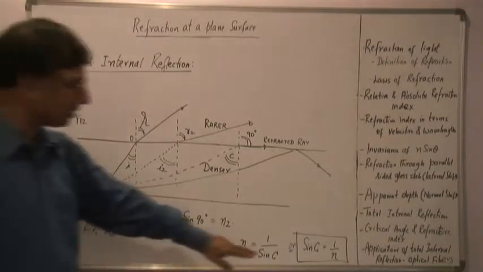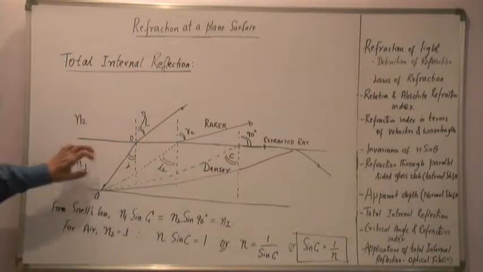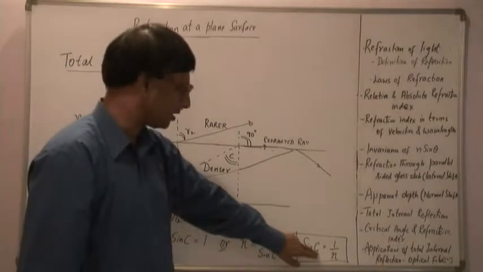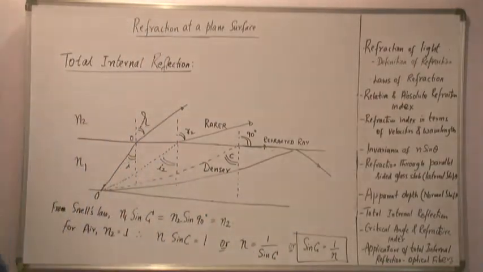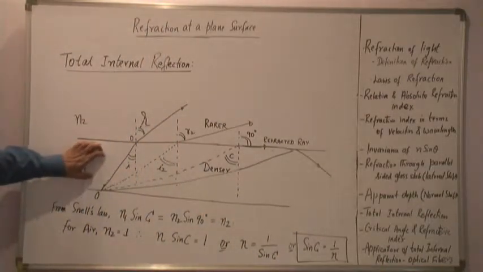So critical angle for a medium is such that sine of that angle is equal to 1 divided by N, where N is the refractive index of this medium.